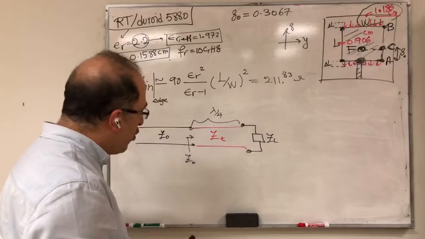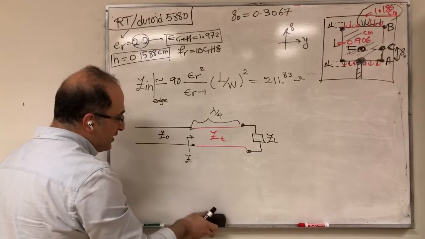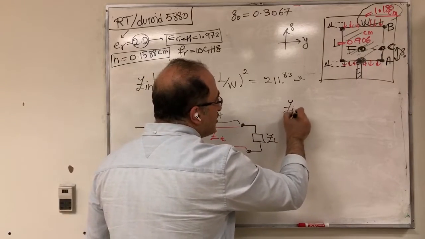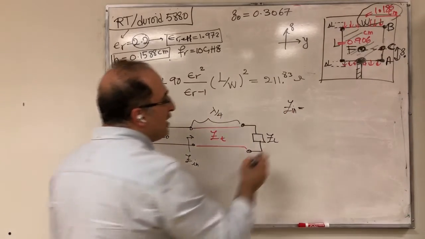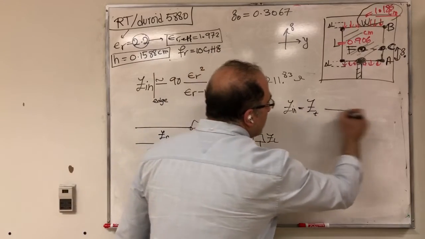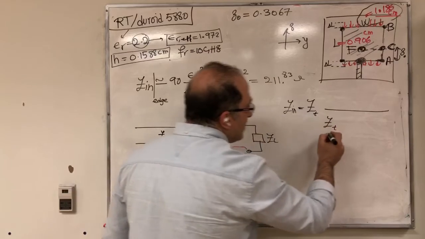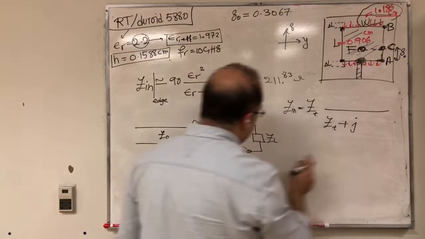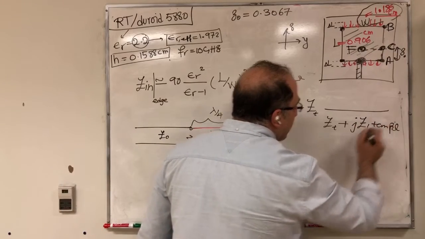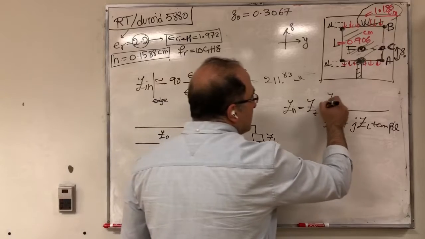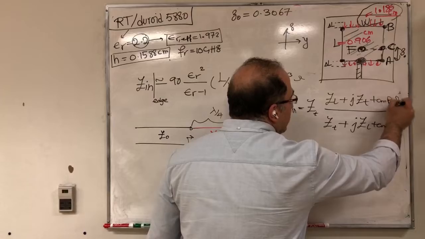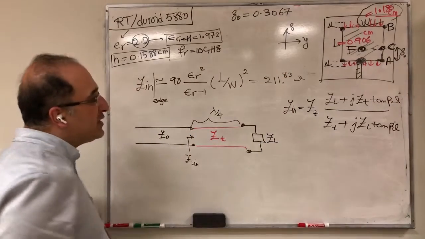So now let me go by Z in seen from here, based on the transmission line equation. So Z in is going to be equal to the characteristic impedance of this line, which is ZT, times ZL plus j ZT tangent beta L, over ZT plus j ZL tangent beta L. So this is the input impedance seen from here.